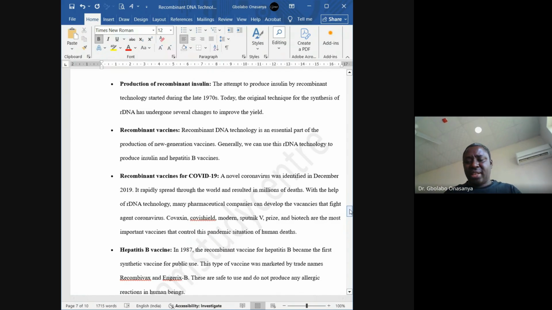Covishield. When I was in India, I took Covishield. Covishield is the Indian version of AstraZeneca, if I'm correct. The AstraZeneca company in UK has a company in India producing Covishield.